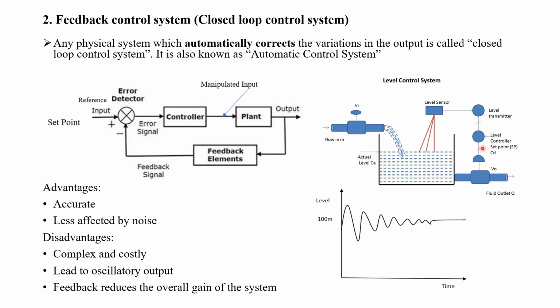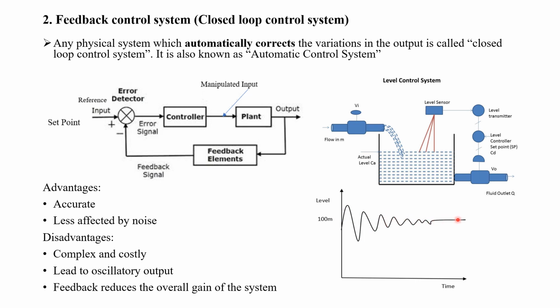Okay. So now this is the time response for this level control system. That is, the y-axis represents tank level. Initially we are giving the 100 meter height. Now due to the disturbances, there will be a change in the tank level. If the tank outlet valve position is adjusted, correspondingly there will be an increase in tank level, decrease in tank level, then increase, decrease, etc. There will be small ups and downs, as I told already.